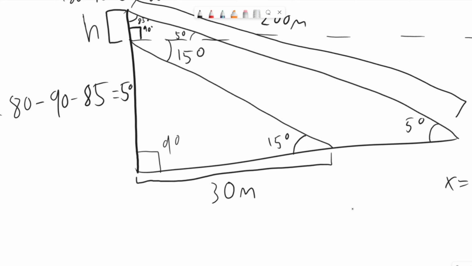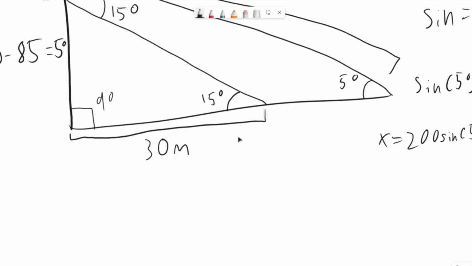Now, we need to solve for this height here. So, in respect to 15 degrees, that would be the opposite. We're also given the adjacent. So we need something that has opposite and adjacent, which would be tangent.